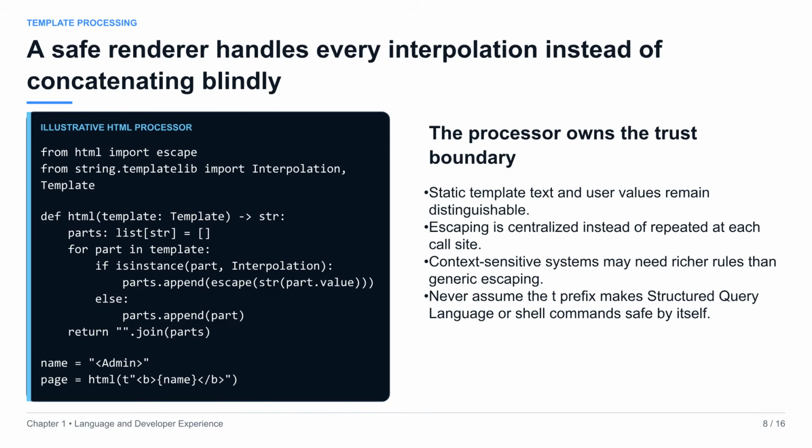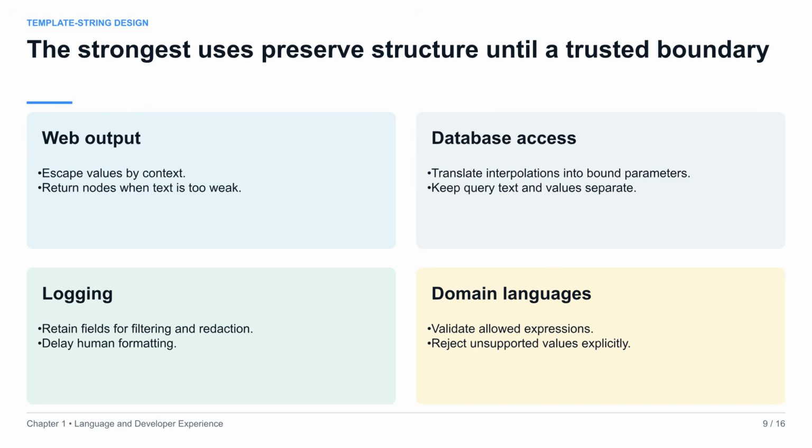The same principle applies to SQL and shell operations. A processor should use parameter binding or argument arrays, not merely quote text. Template strings make a safe design easier to express, but the safety property still belongs to the processor implementation and its tests. Template strings are most valuable where converting to plain text too early destroys information. Web renderers can distinguish trusted markup from values.